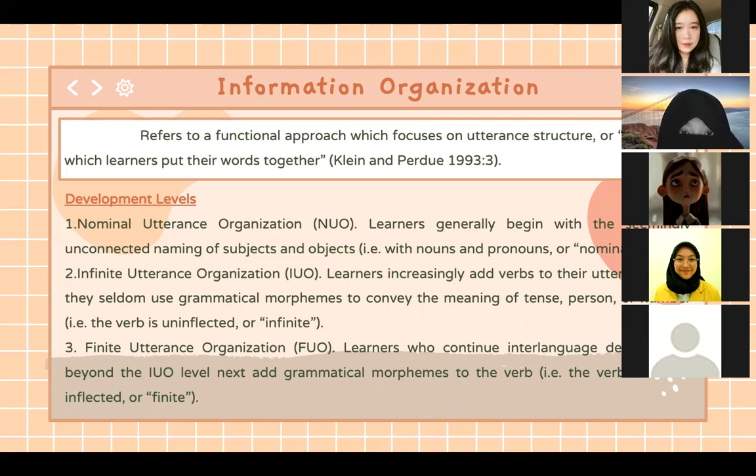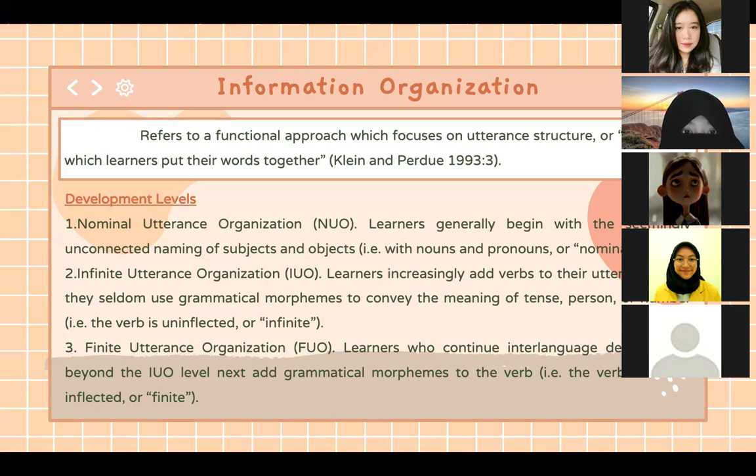And the first sequence is called NUO, which is nominal utterance organization. In this sequence, learners generally begin with the seemingly unconnected naming of subject and object.